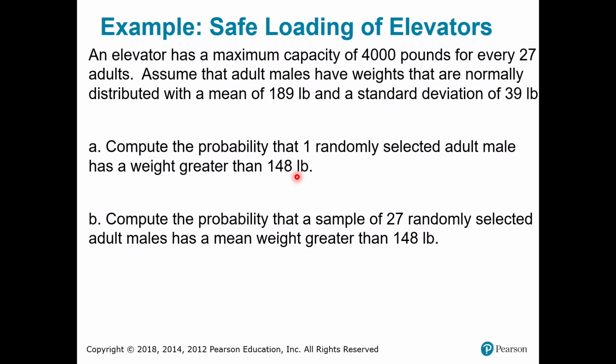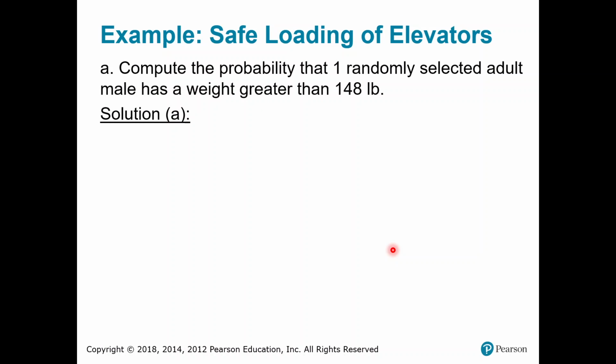B. Compute the probability that a sample of 27 adult males has a mean weight greater than 148 pounds. Let's do one at a time.